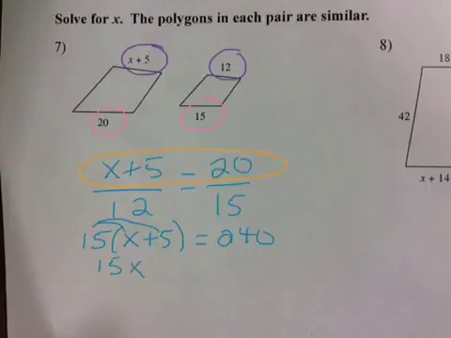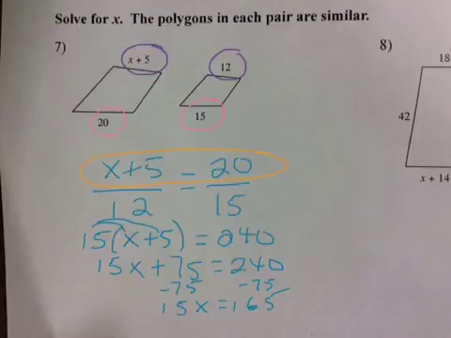So I get 15x plus 75 equals 240. Now I need to just subtract 75. So I have 15x equals 165. And then divide both sides by 15. And I get x equals 11.